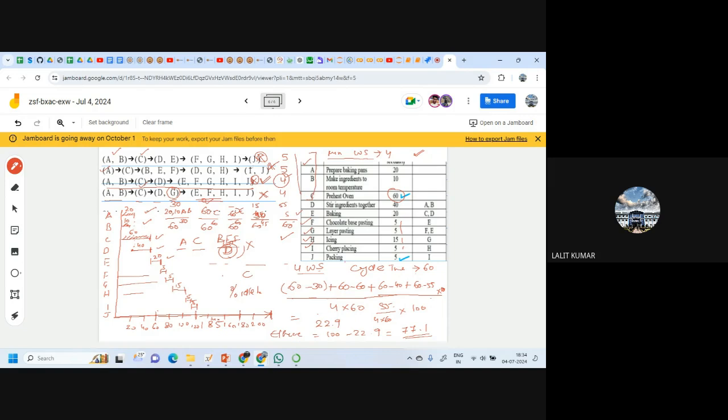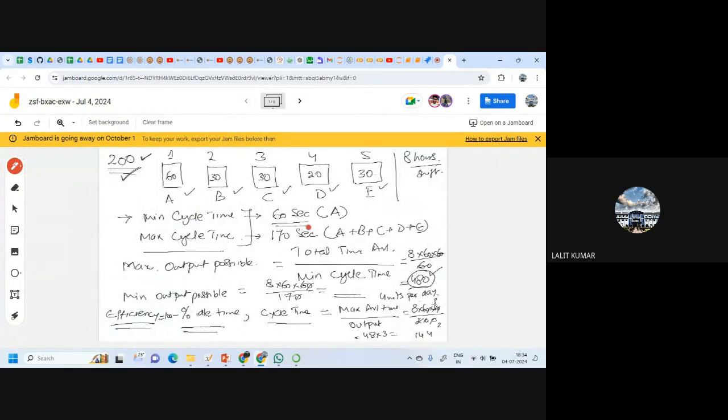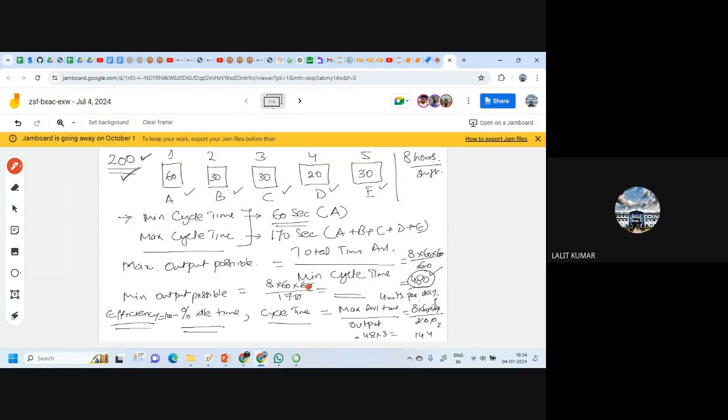Any question till now here? So what we have covered: the min cycle time, max cycle time, max output possible, minimum output possible, cycle time, the formula for efficiency, and how to find the percentage idle time.